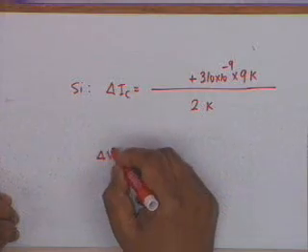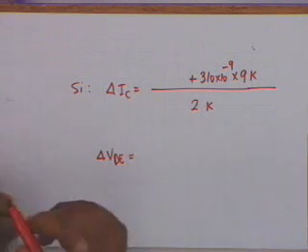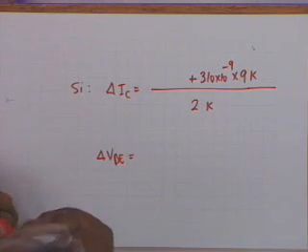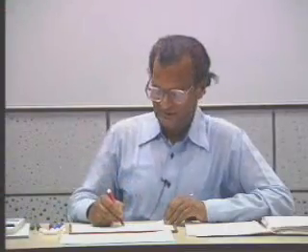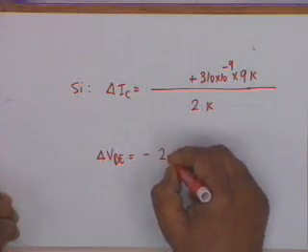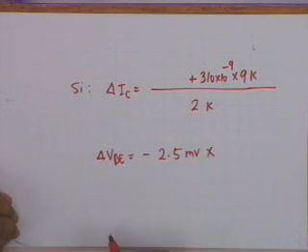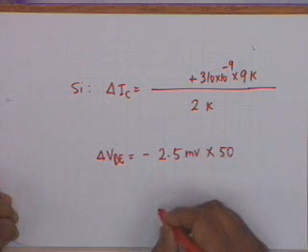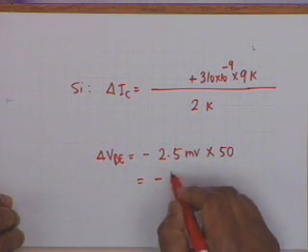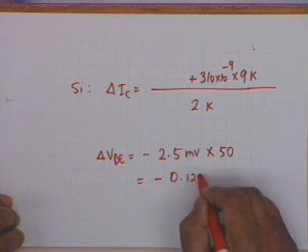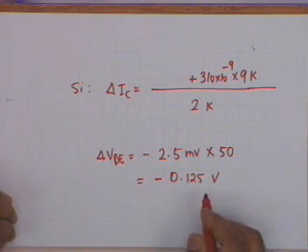Delta VBE is negative, but because of minus delta VBE it will be an addition, and delta VBE therefore shall be minus 2.5 millivolt multiplied by 50, which is equal to minus 0.125 volt. Is that correct? 125 millivolt, which is 0.125. So this would be 0.125.